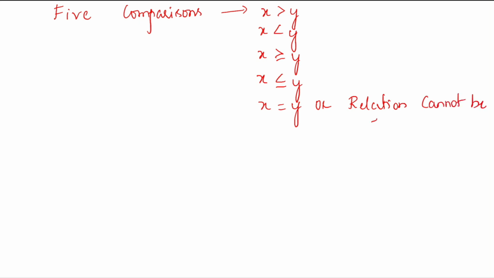So these are the 5 comparisons between x and y values. We have to find out the roots of x and roots of y, and then we have to compare.